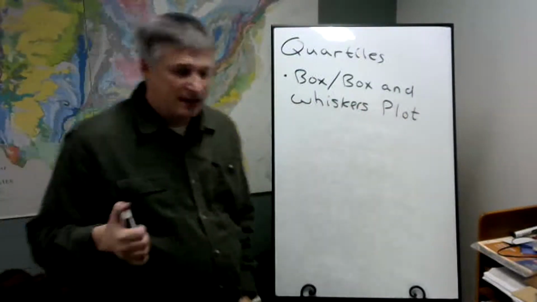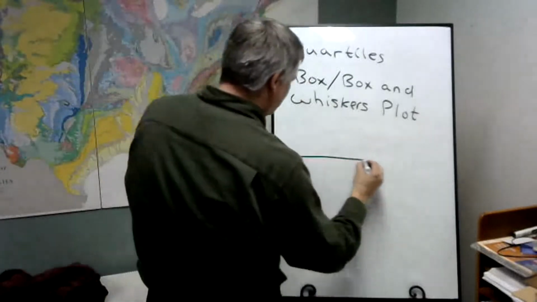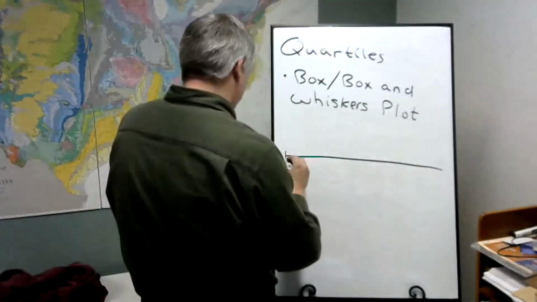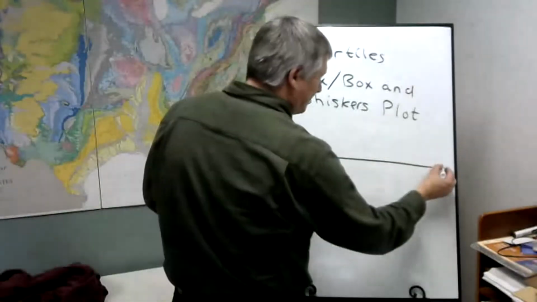And the way you put this together is this. Let's draw a line. And we have our smallest value, our minimum, and then we have our max.